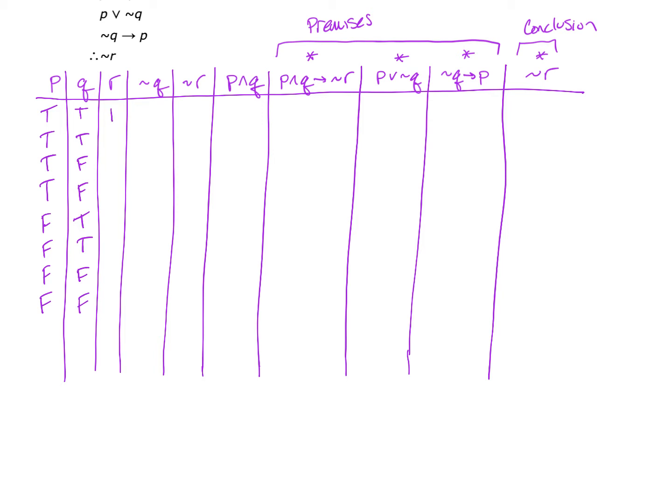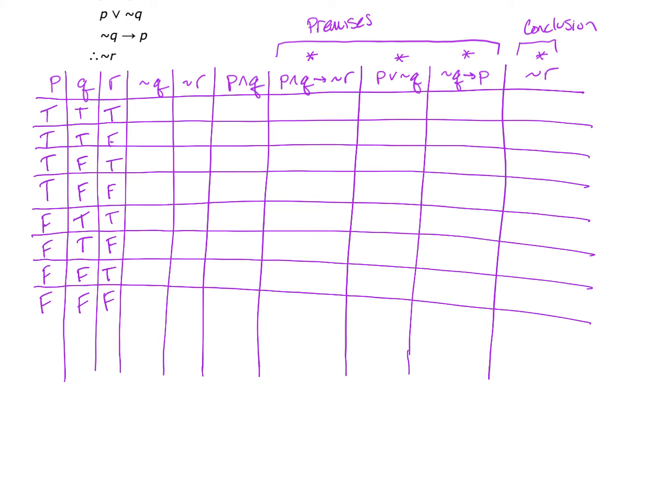And then for R, they just alternate in singles. True, false, true, false. Okay, so now we'll just fill in the truth table column by column. And then once it's filled in, we'll talk about how to recognize whether or not the argument is valid or invalid.